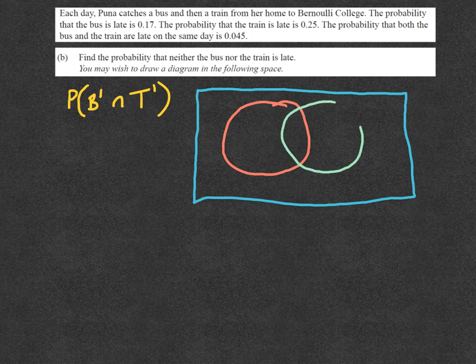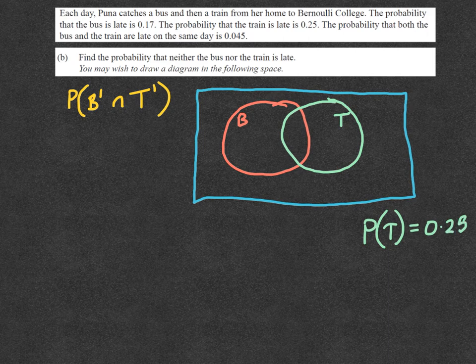This time we've got two circles. So we've got the probability of the train, and we've got the probability of the bus being late. And we know that as a general rule, the whole probability of the train being late, T, is equal to 0.25.